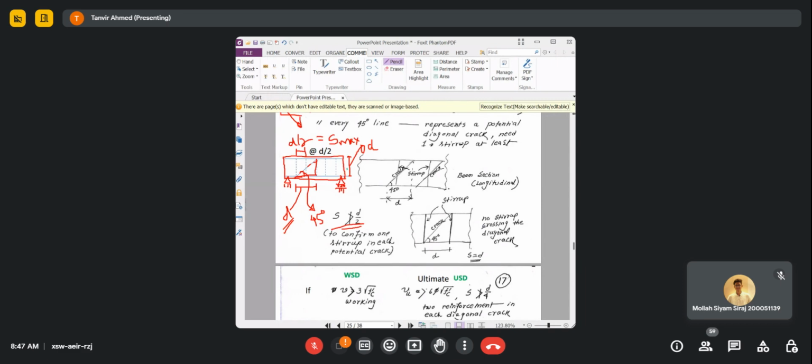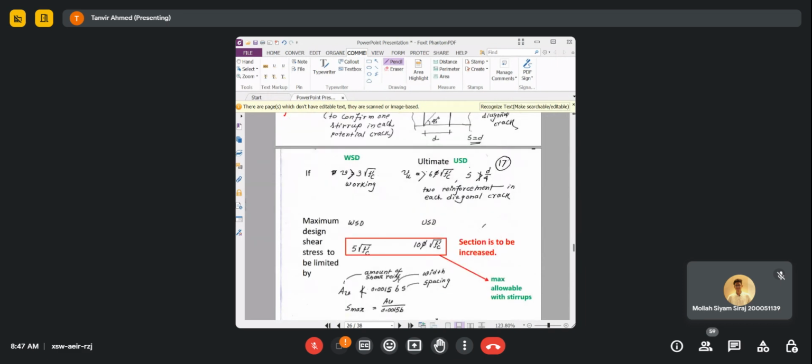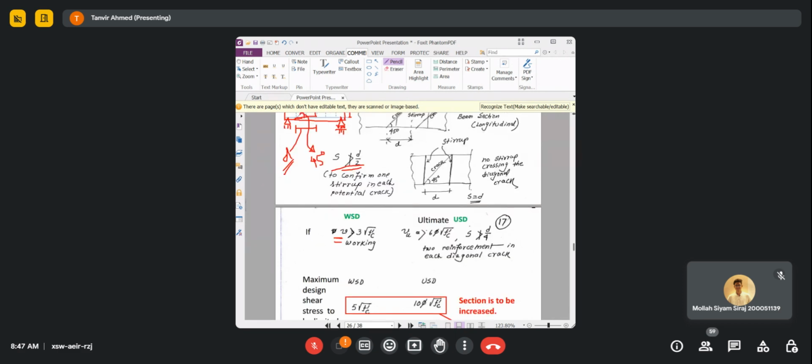Now, as we said, there are other guidelines for the maximum spacing. Say, for example, if your shear stress is greater than 3 square root of fc prime in case of WSD design, your maximum spacing will be much less than this one, because this is a huge amount of shear stress.